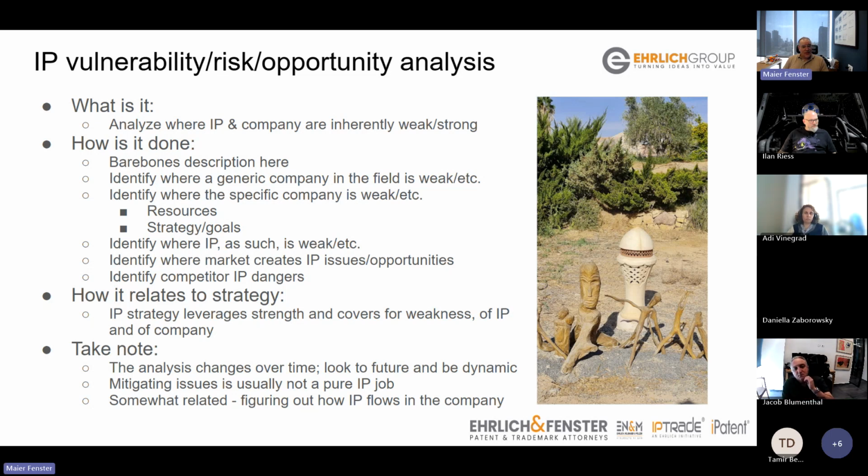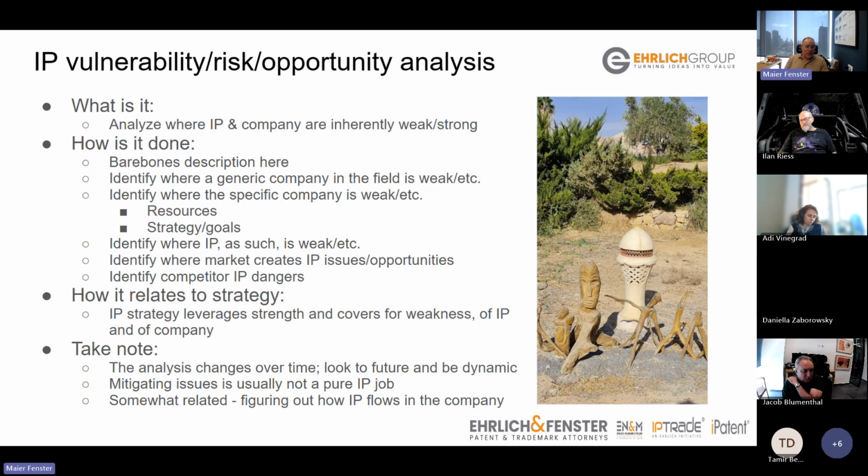But we look not only at a generic company, we look at your particular company, and your particular company has certain resources, it has certain strategy and goals, and they might have vulnerability. So we look at places where IP is weak, and for the past, I don't know, over 10 years, software patents in the US were weak, business patents were very weak.